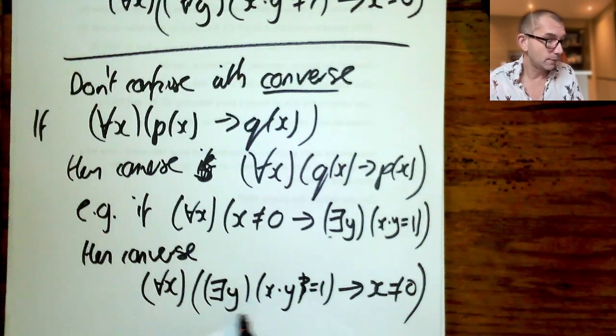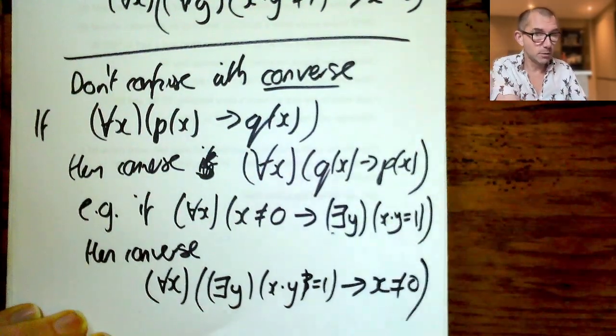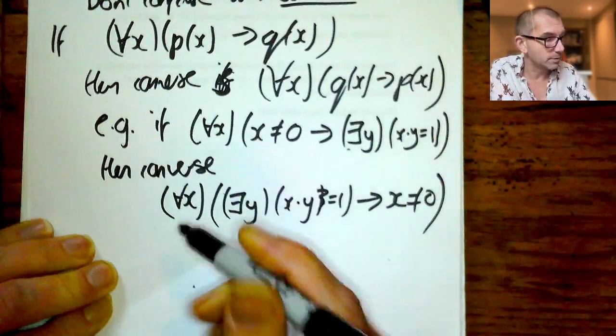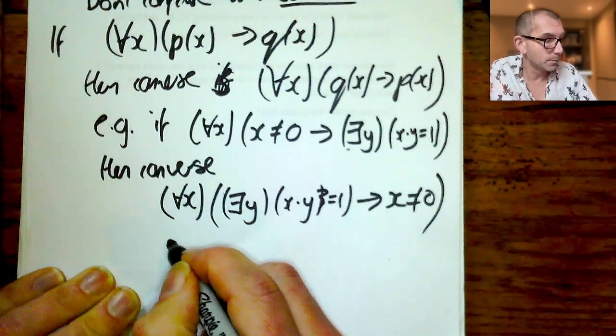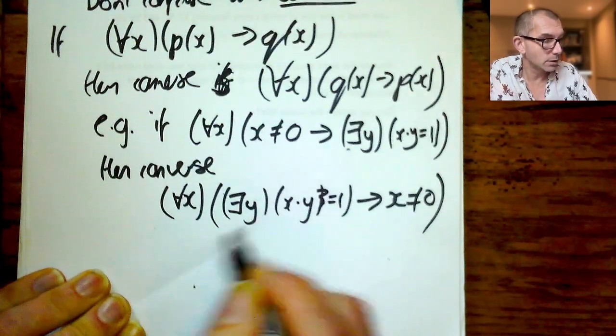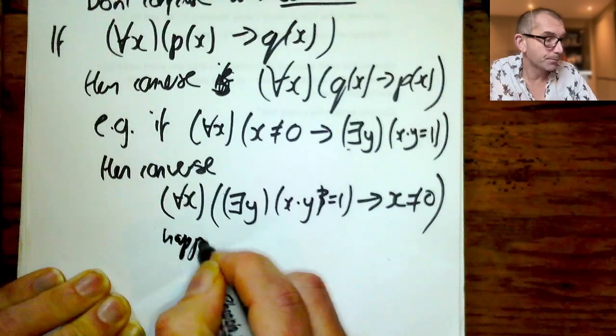Because if you multiply 0 by anything, you'd get 0. So if you know this statement is true, then you know x has to be non-zero. But in general, it's not going to be. So this happens to be true.